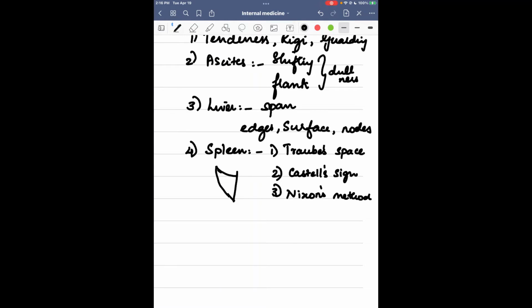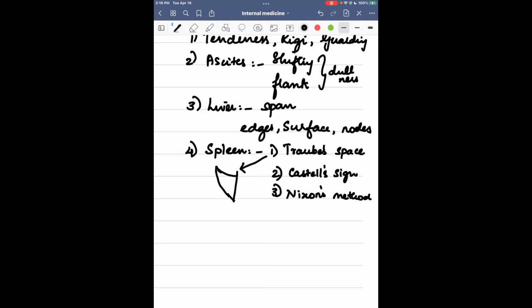This is Traube's space, and it should usually be resonant, but if it is dull on full inspiration, then it is probable that there is splenomegaly.